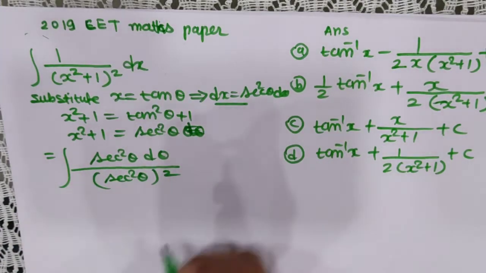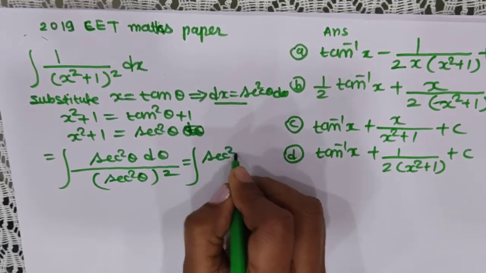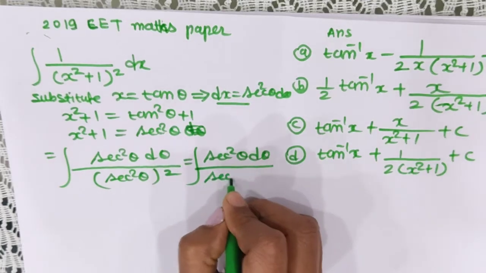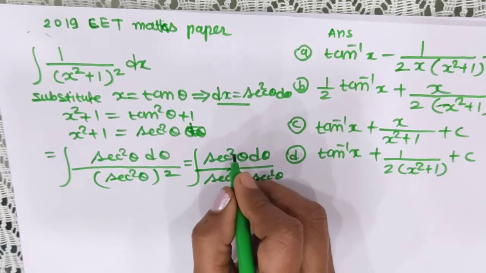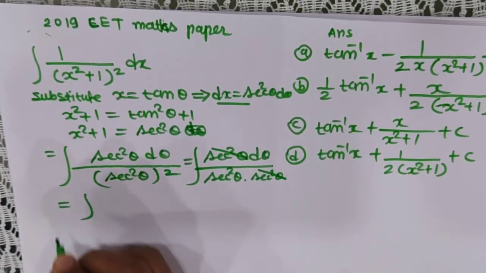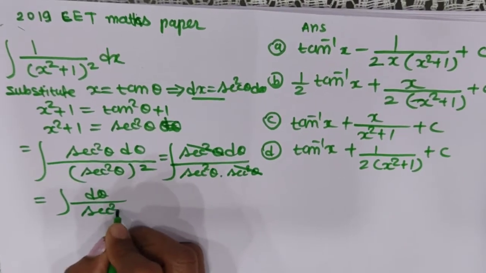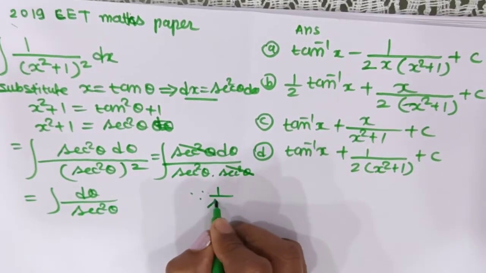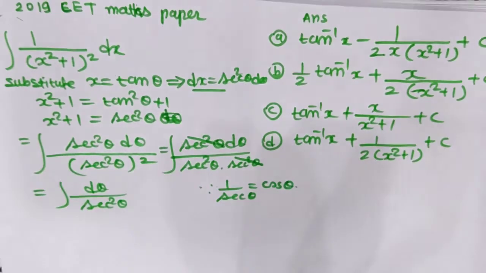Now split this term: sec square theta d theta over (sec square theta) whole square. One sec square gets cancelled. What is remaining? d theta upon sec square theta.